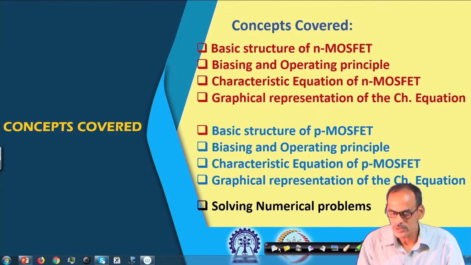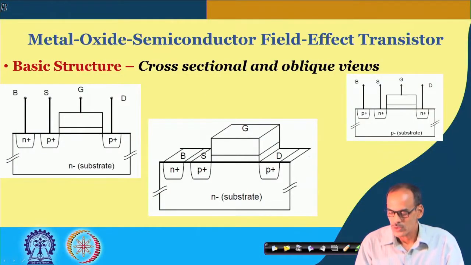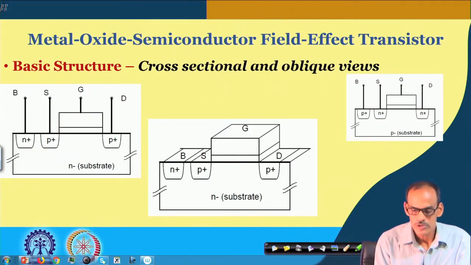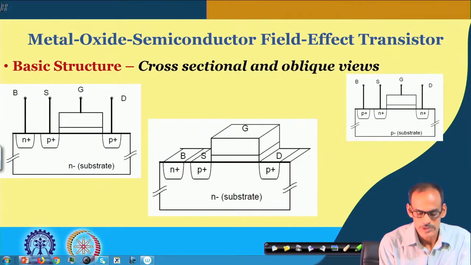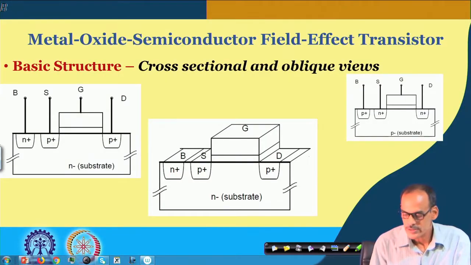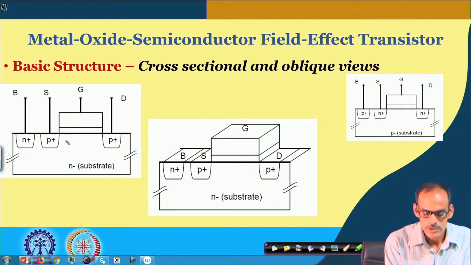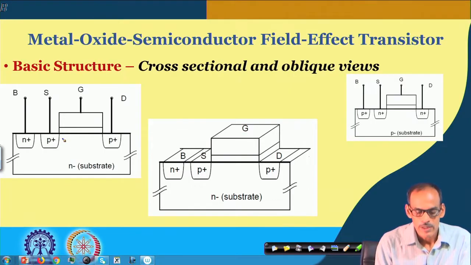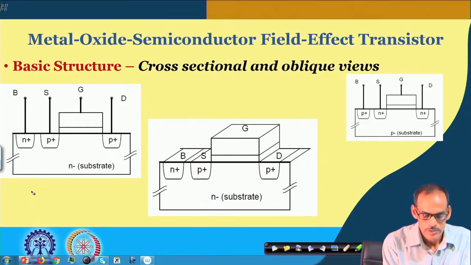So, to start with, let me go for the basic structure of the PMOSFET, keeping in mind the NMOSFET as background information. Here is the MOSFET for PMOS type, where the channel is supposed to be P type, and this is the cross sectional view of the P type MOSFET.